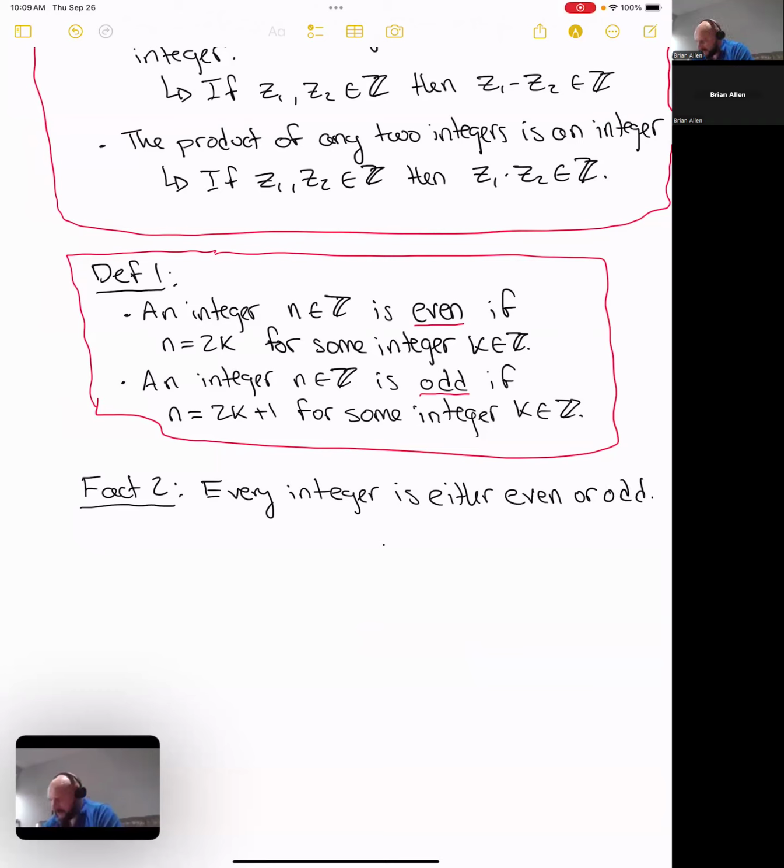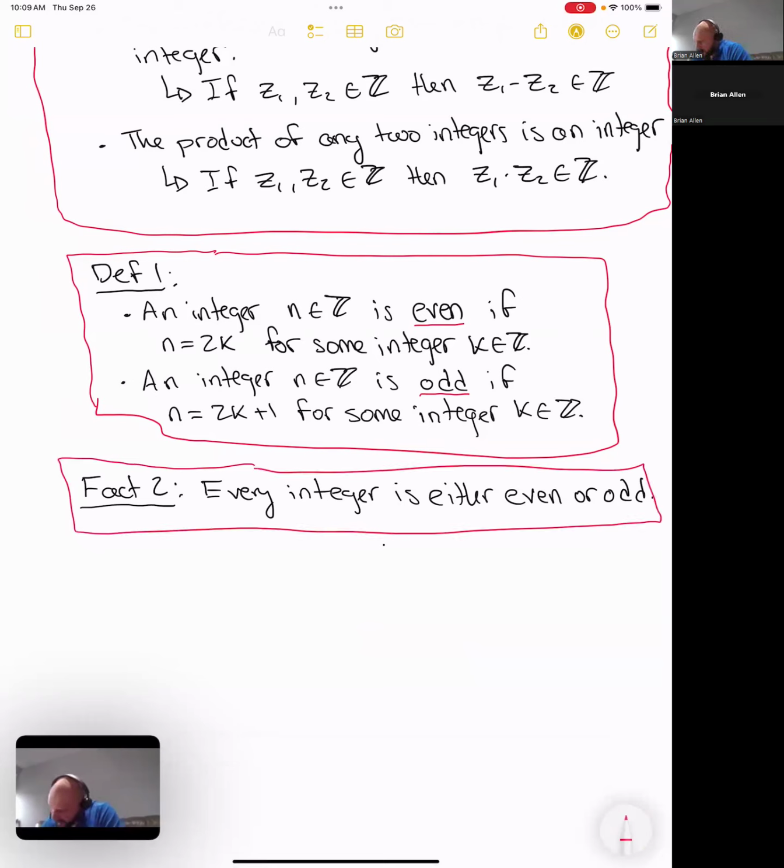And I'm calling it a fact because I'm not going to prove this, though I think you are happy with this fact, I suspect. And we just need to start with some things. So the facts, these are basically the only facts I'm going to give you in this class. And then from here on out, we're going to prove everything up from there.